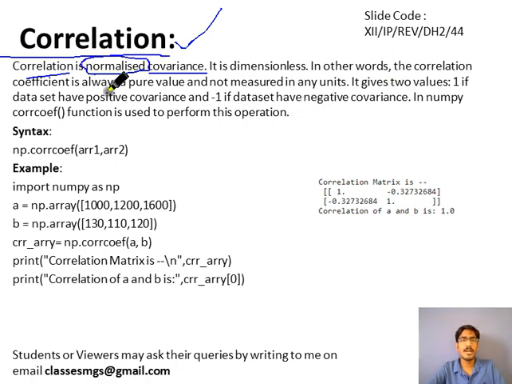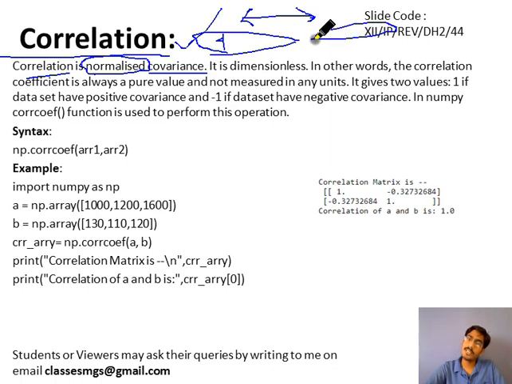The covariance tells you how similar two data sets are. A highly positive covariance shows these two data sets are very similar, and a very negative covariance shows these two data sets are very dissimilar. So covariance is used to represent, in quantitative analysis, how much two data sets are similar or dissimilar. In case of correlation, you will only say whether the two data sets are similar or dissimilar.